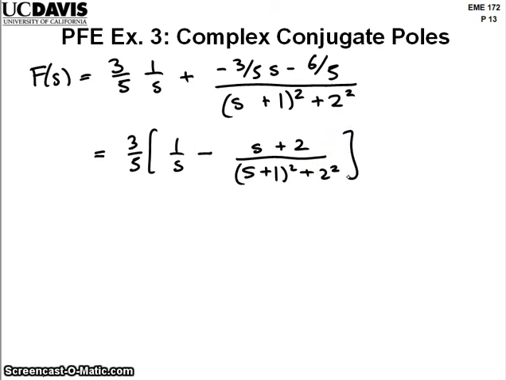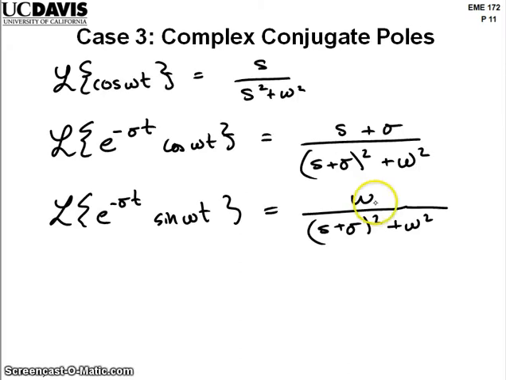Okay, now here is the last little trick. In order to use the transforms that I have, I've got to get them set up so that I have something that looks like s plus sigma and something that just looks like an omega. It could be a constant times omega.